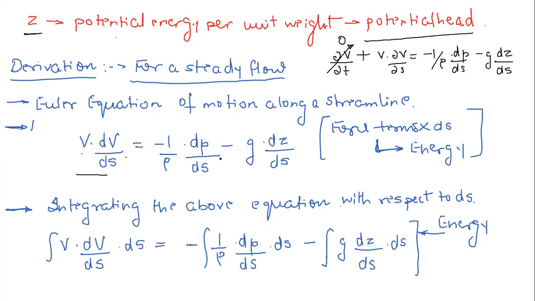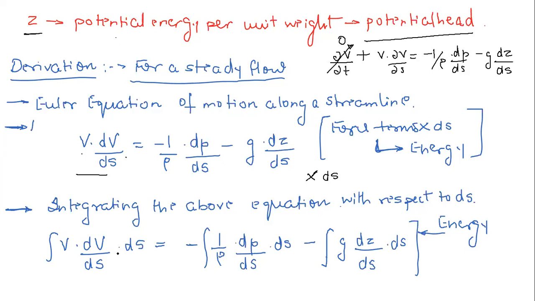For that, we simply multiply this whole equation by ds. Force per unit mass multiplied by displacement is energy per unit mass, right? Then we integrate all these terms. I hope there is no confusion.